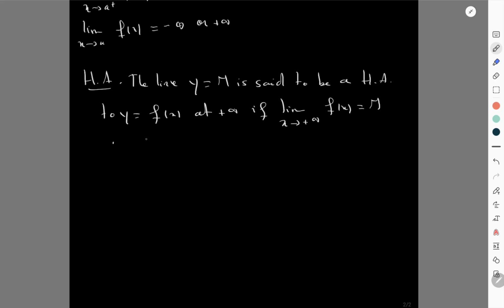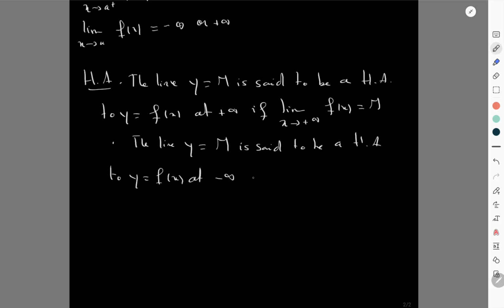And similarly, the line y equal to m is said to be a horizontal asymptote to y equal f of x at minus infinity if the limit as x goes to minus infinity of f of x is equal to m.